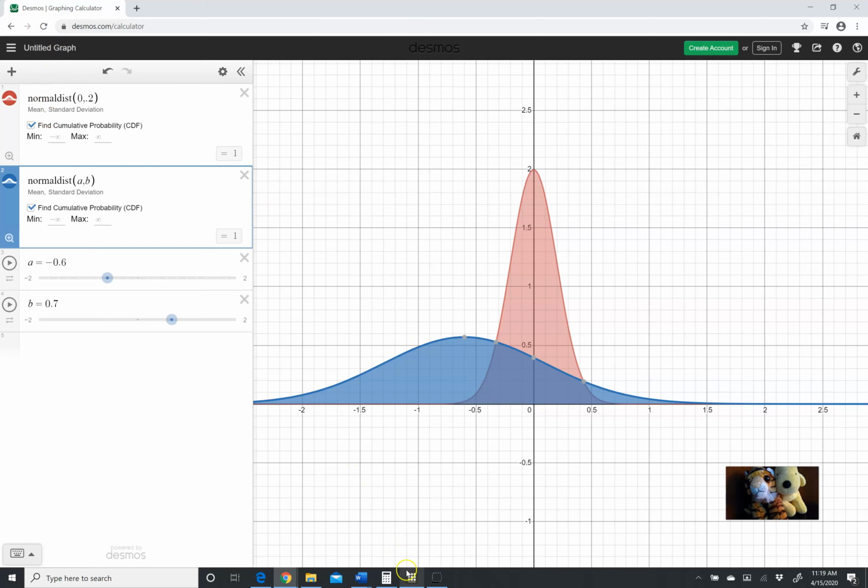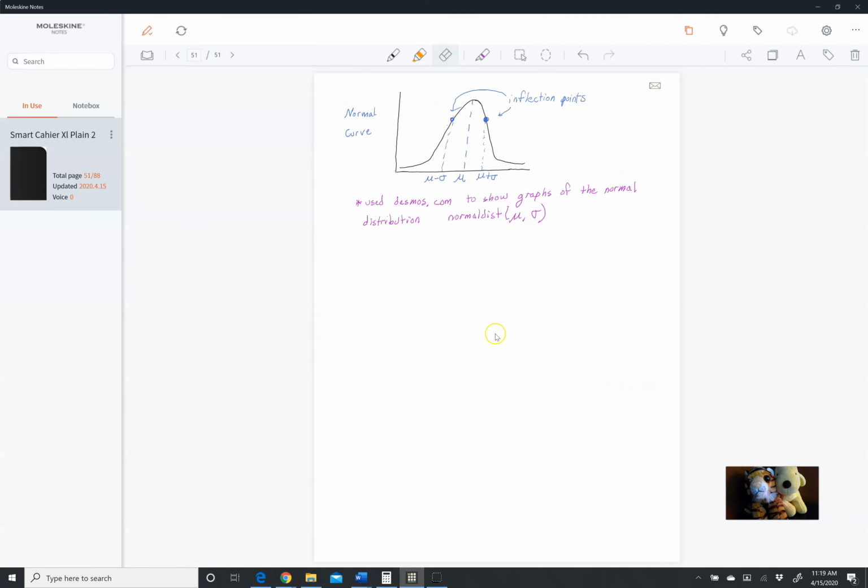So let's go back to our notes, and we'll do a comparison, just a comparison in the way that it's labeled.